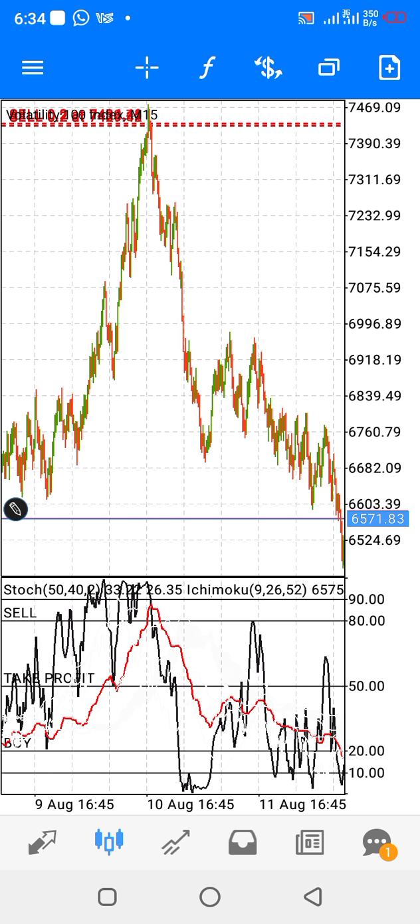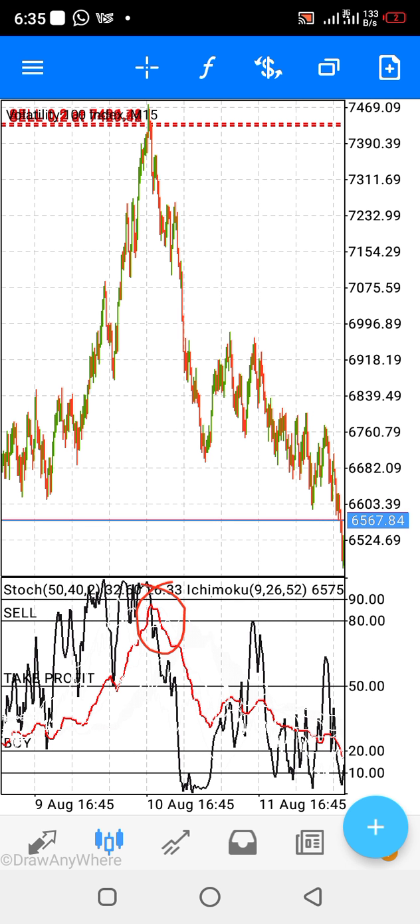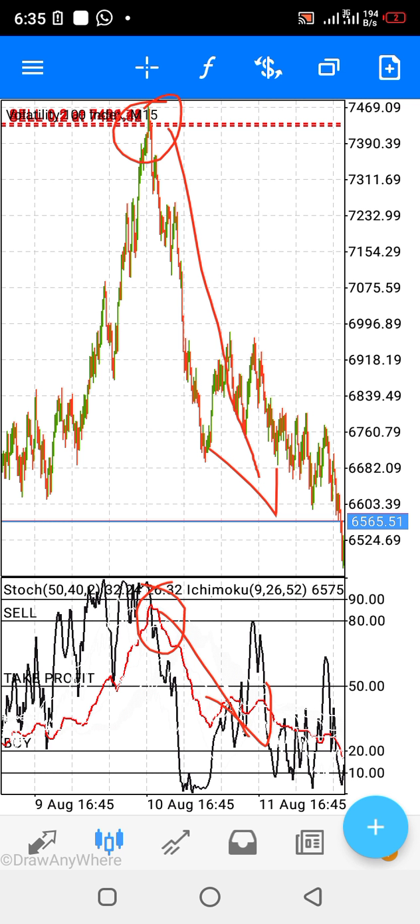If you are able to see that from here the market is going to go down, then that is your big opportunity. It's all about making predictions, and that is what this indicator is usually doing.